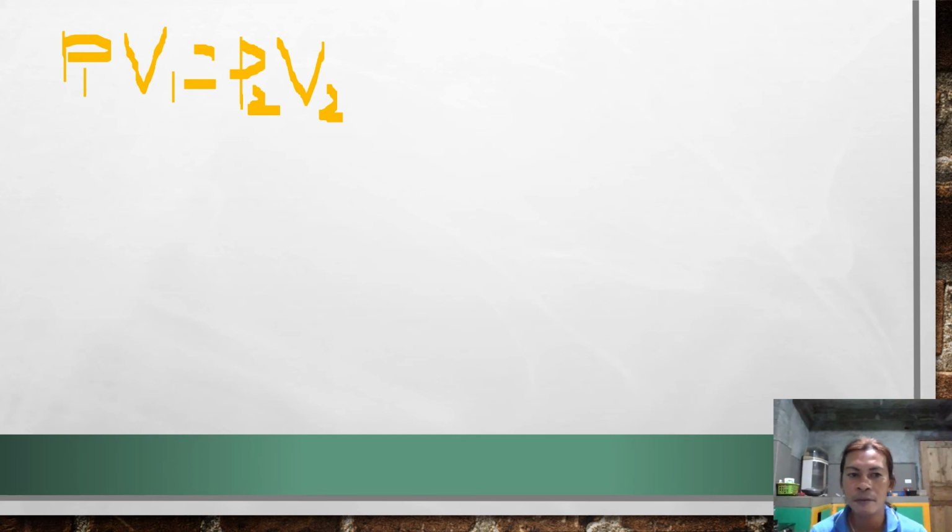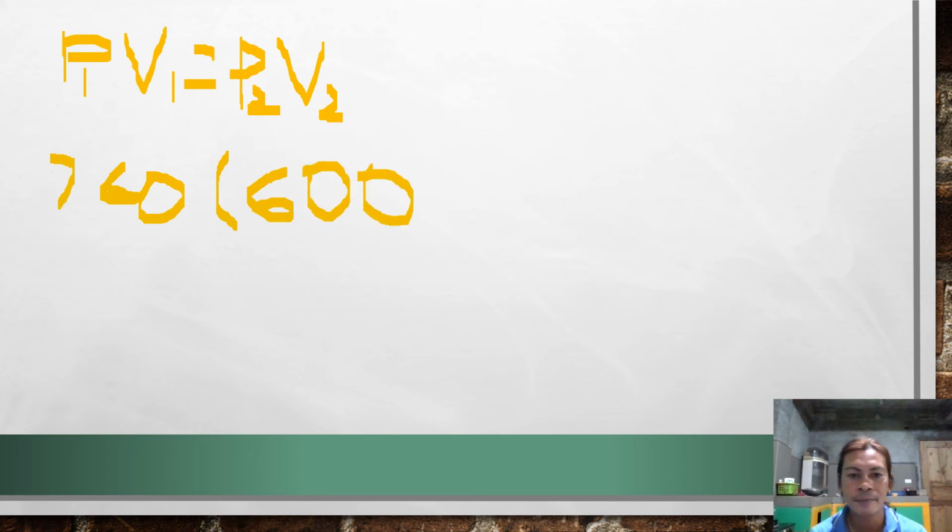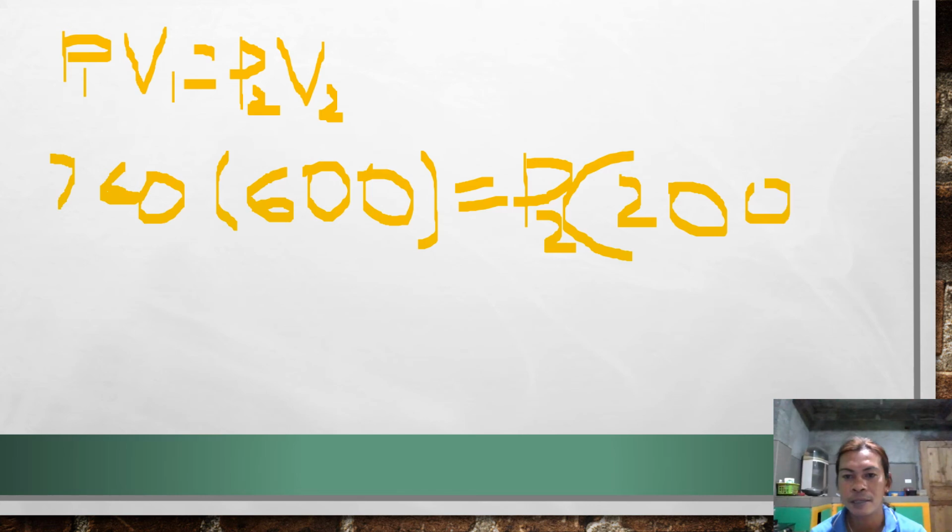So we will substitute now. Our pressure 1 is 760 multiplied by volume 1, that is 600 ml, is equal to pressure 2, which is unknown, times volume 2, which is 200 ml.